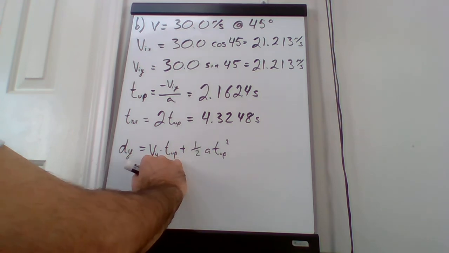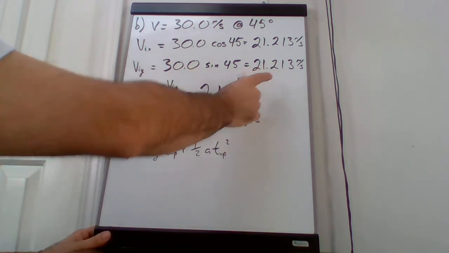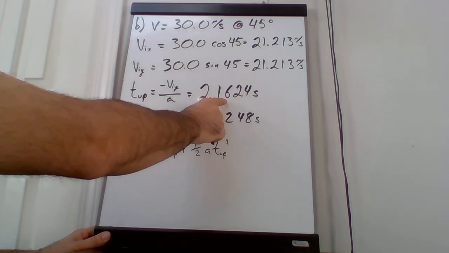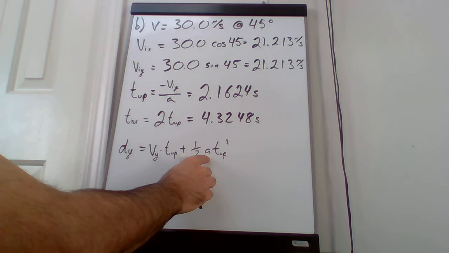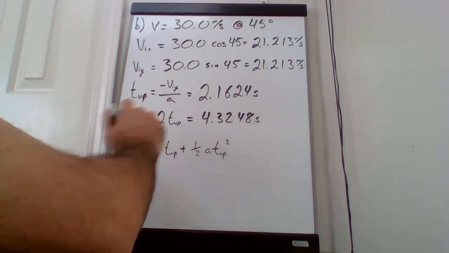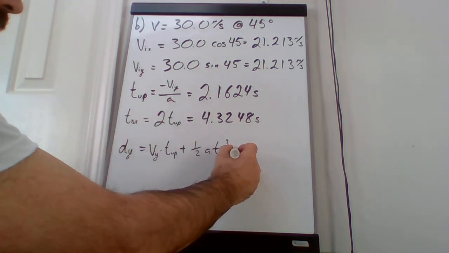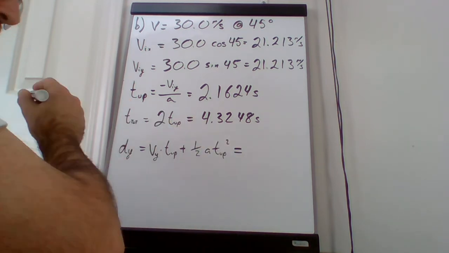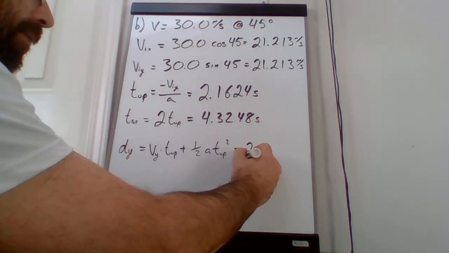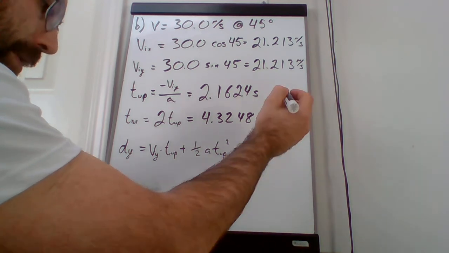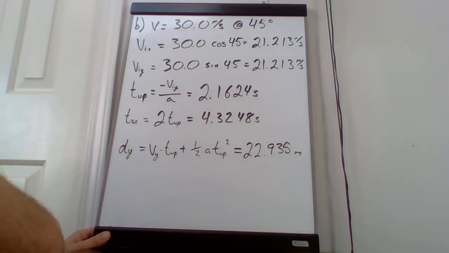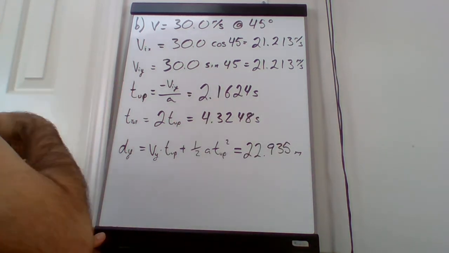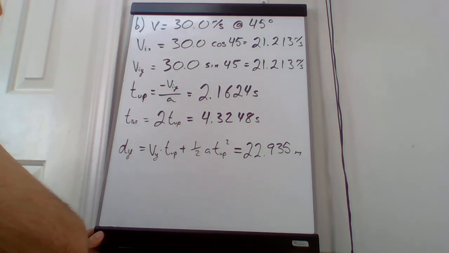So this part here is going to be the 21.213 multiplied by 2.16 plus 1/2 times the negative 9.81 times the 2.1624 squared, and from here I get a value of 22.935 meters. So our object on the way up takes just over 2 seconds to reach just under 23 meters high.